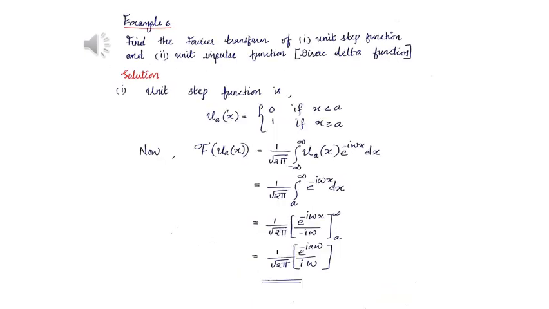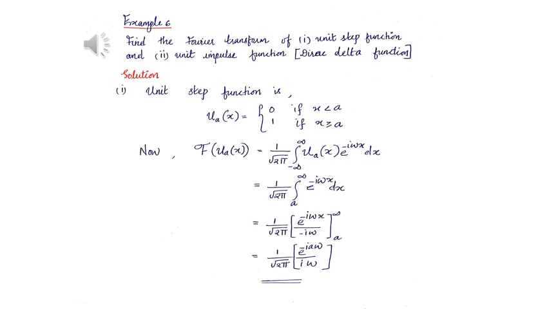Example 6. Find the Fourier transform of unit step function and unit impulse function, which is also known as Dirac delta function. The definitions of the unit step function and unit impulse function should be learnt by heart. So let us begin. The unit step function is represented as u_a of x, that is equal to 0 if x is less than a and 1 if x is greater than or equal to a. That means the limit is from a to infinity and the function is 1, as its name denotes.